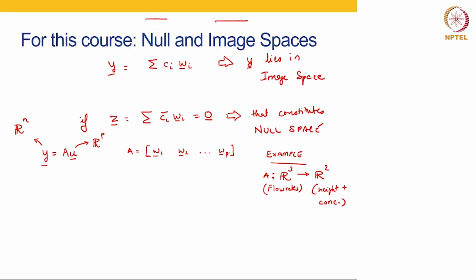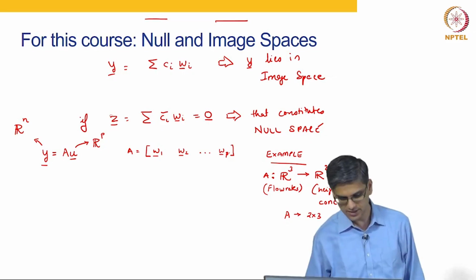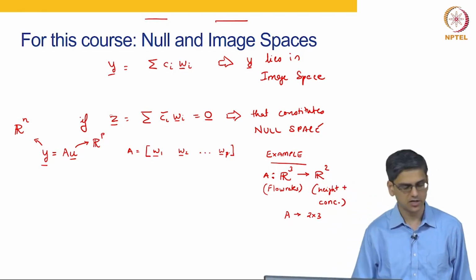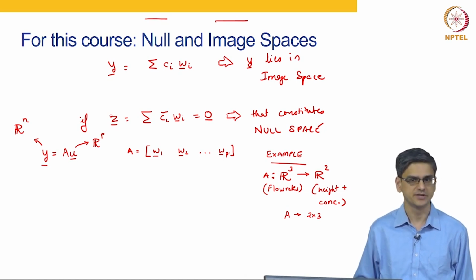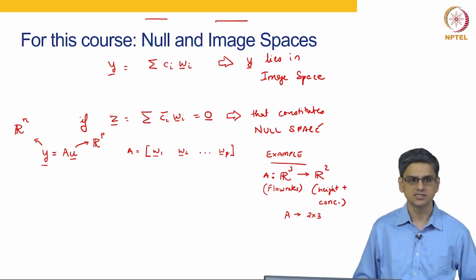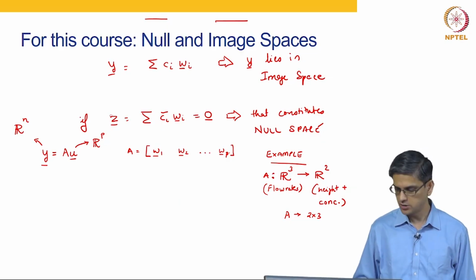So, A we said is a matrix that does this linear transformation, okay, and the size of A was 2 by 3, 2 rows and 3 columns, okay. That is because our output space was of dimension 2 and our input space was of dimension 3. So, in this context, A is a linear operator, or A is a matrix representation of linear operator, okay. That is what we talked about.